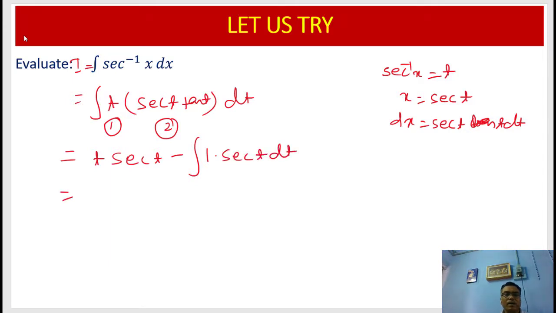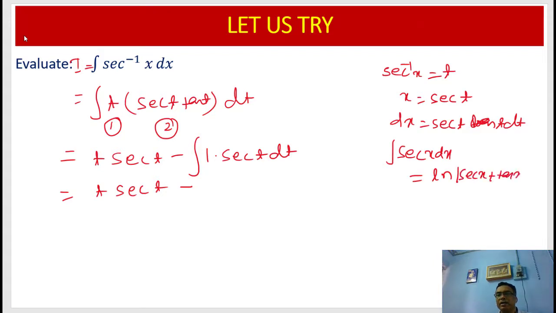Now this is t sec t minus, what is integration of sec x dx? It is log sec x plus tan x. You must remember. So it is log sec t plus tan t plus c.